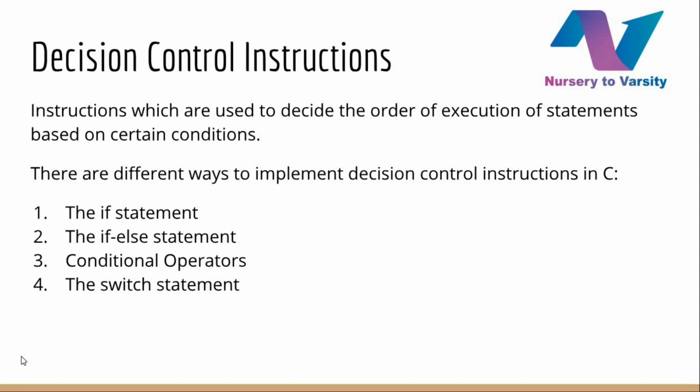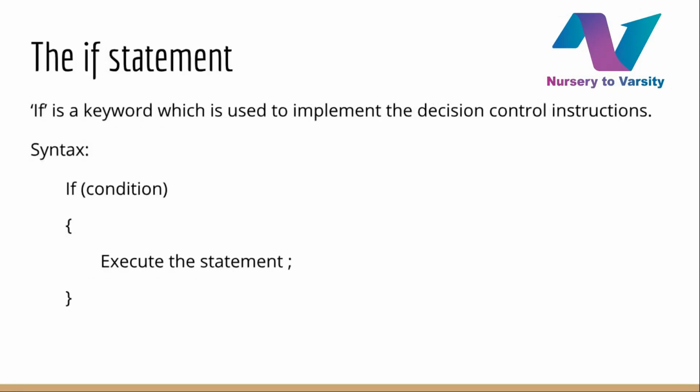There are different ways to implement decision control instructions in C: the if statement, the if-else statement, conditional operators, and the switch statement. In this video, we'll learn about the if statement. If is a keyword which is used to implement the decision control instructions.